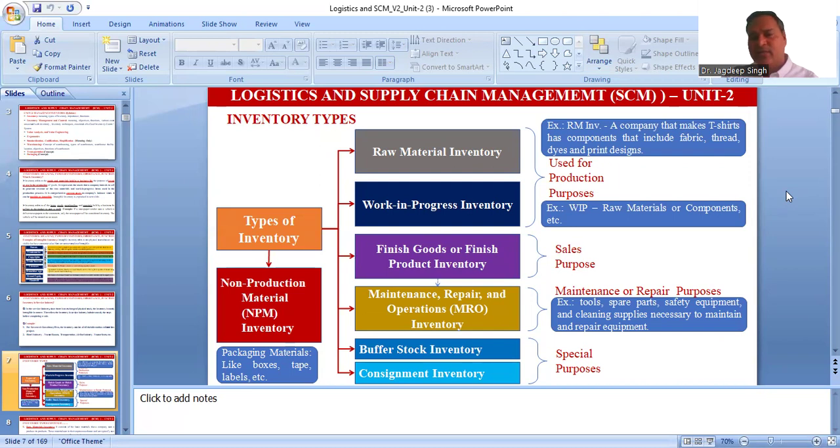Consignment inventory, that is also one of the special purpose inventories. That inventory will be sold by a retailer, and the manufacturer or trader will keep that inventory with the retailer, and the retailer will sell that inventory, and upon selling it, whatever revenue comes, he will return back to the trader or manufacturer after deducting some amount.